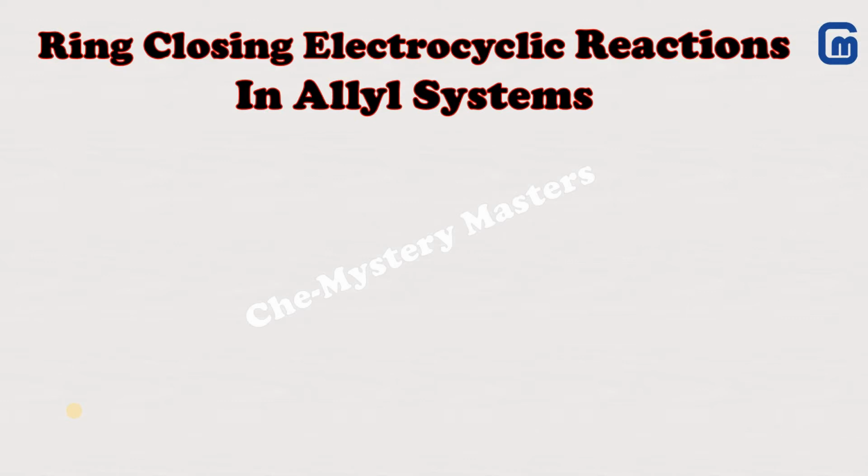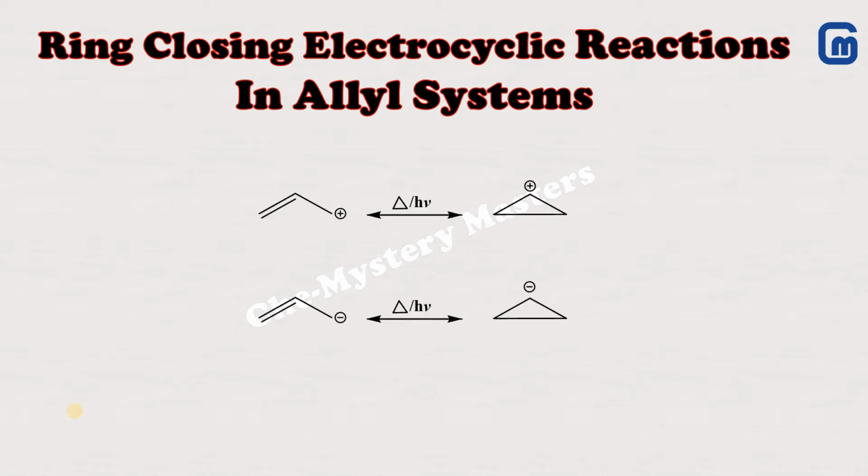In our previous video we already have seen that there are three types of allyl systems: allyl cation, allyl anion and allyl radical. So here we will see how these systems will close, or how the terminal orbitals will overlap with each other to give you a cyclic structure.